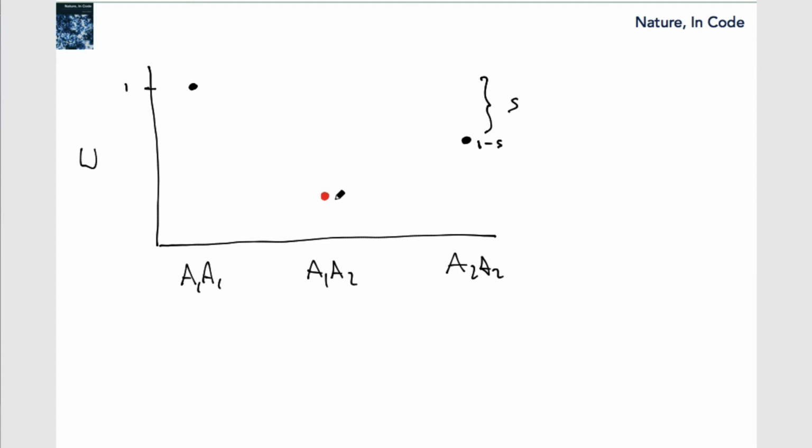Another possibility, so I just want to write this down here: if h is greater than 1. The next possibility is that h is smaller than 0. What happens then? So now h is negative. So now you have 1 minus hs, so 1 minus something that is negative times s, so that's 1 plus something.